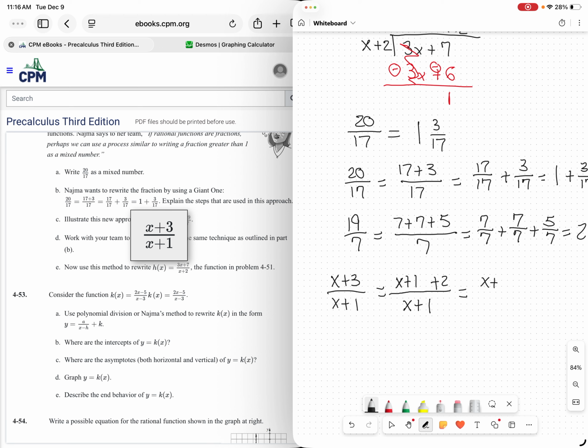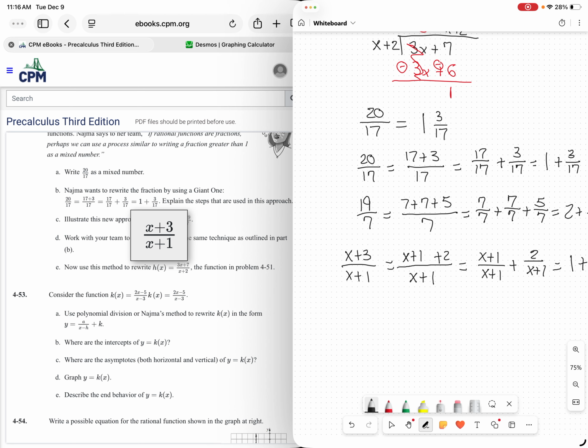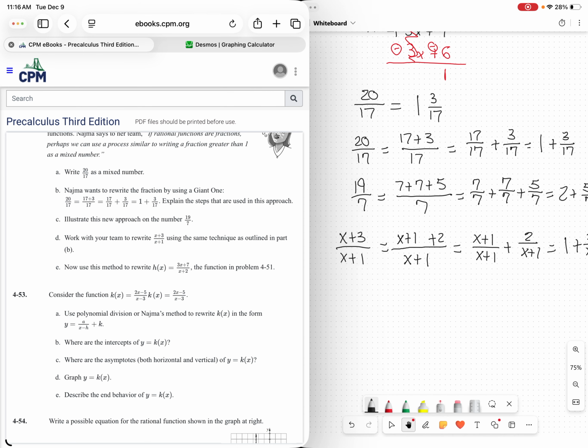So this will become x plus 1 over x plus 1 plus 2 over x plus 1. Then when we change this to the big 1, this will become 1 plus 2 over x plus 1. So it works the same. Whether we do long division or this giant 1 fraction method, it's the same process, right?